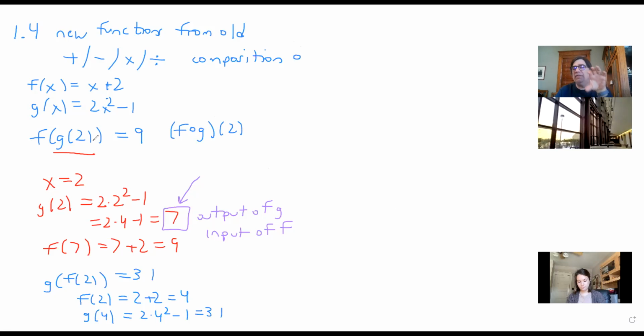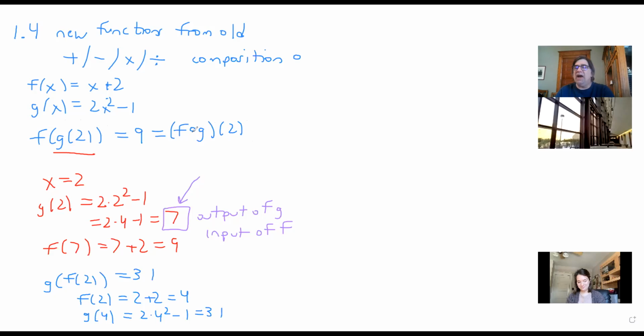It tells you exactly what function you're applying first, what function you applied second. So even though these two are the same, you should be ready for this notation for problems you'll find in the book or you might find online. I will always write it this way, because then I know exactly what is my input, which function do I apply first, which function do I apply second.